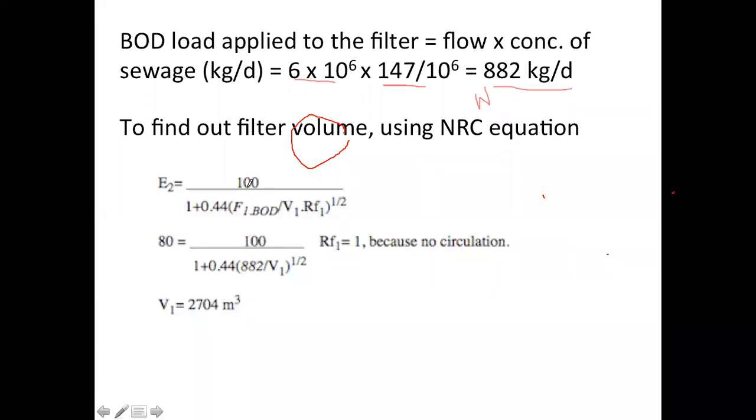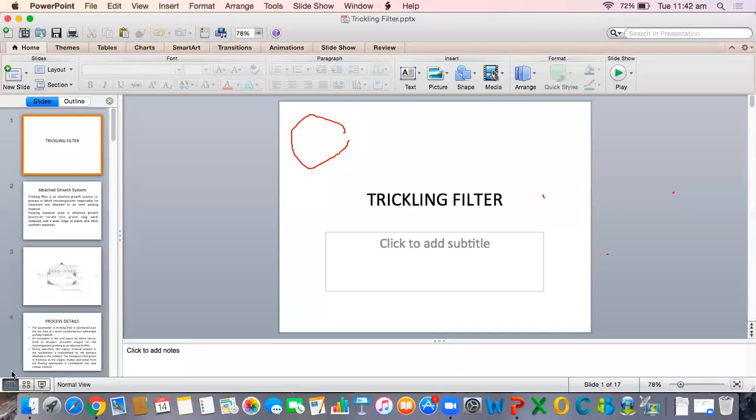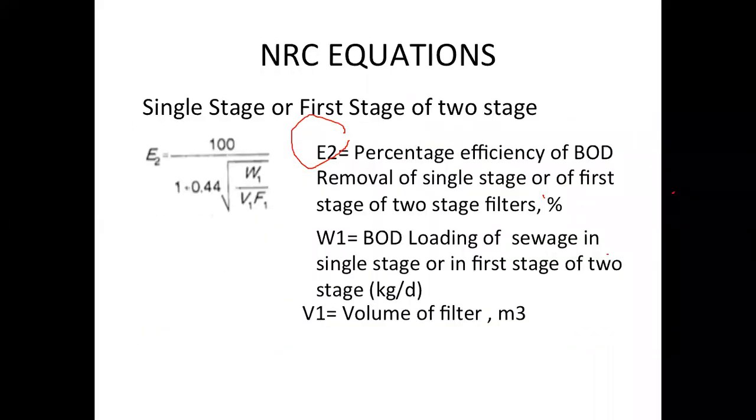In this equation, when you keep all these values, 80 is the efficiency, and 100 is obviously 1 plus 0.44, and the BOD loading is kept here as F1 is written, although we will write it as W1. So W1 will be 882 divided by the volume of the trickling filter, and this recirculation factor F1 will be calculated using the same equation which I have already written previously.